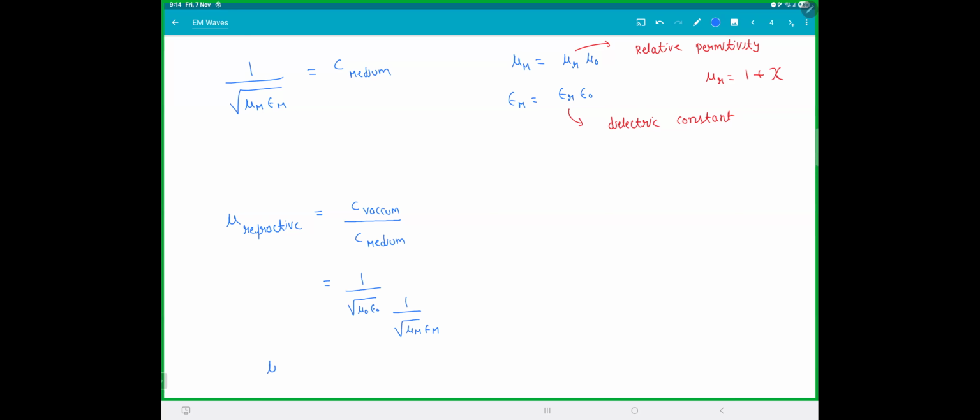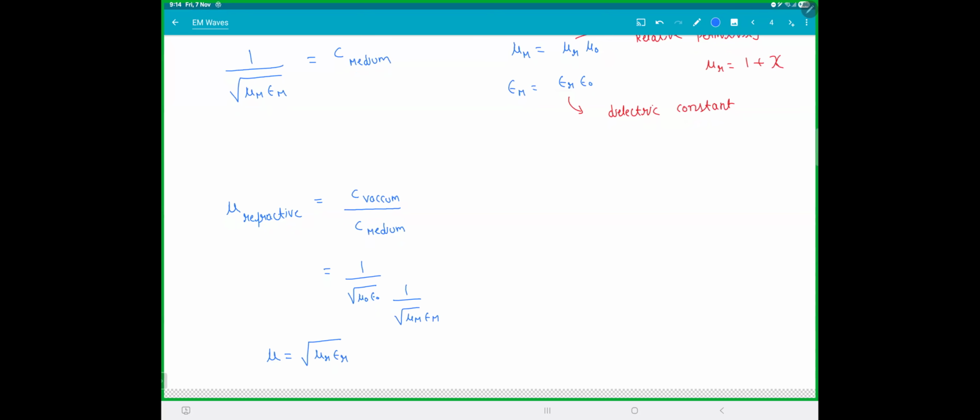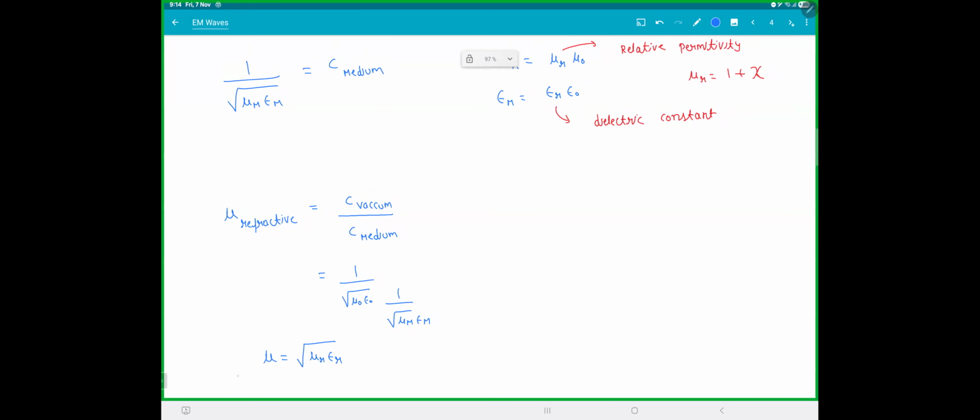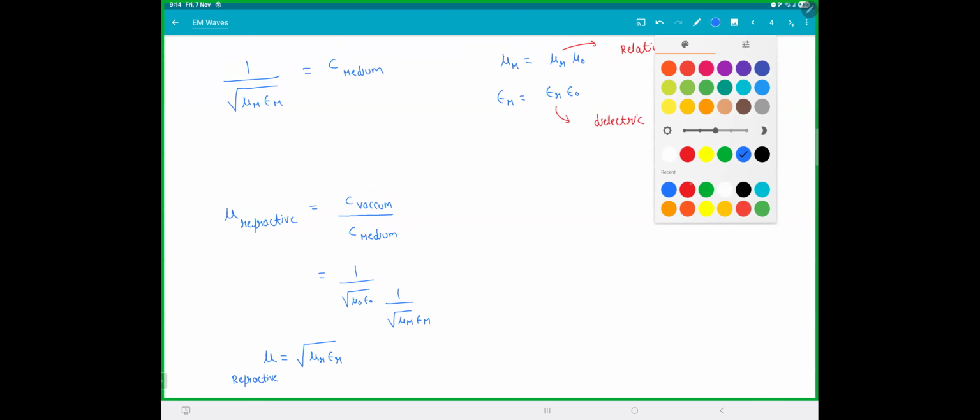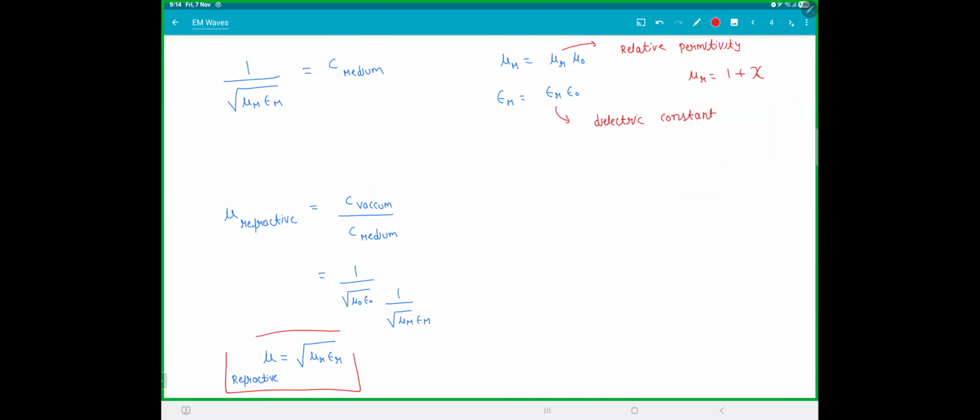So we get refractive index mu equal to root over mu relative epsilon relative. Pretty neat formula there. So the refractive index of a medium is the root of the product of mu r and epsilon r. You should definitely remember this.